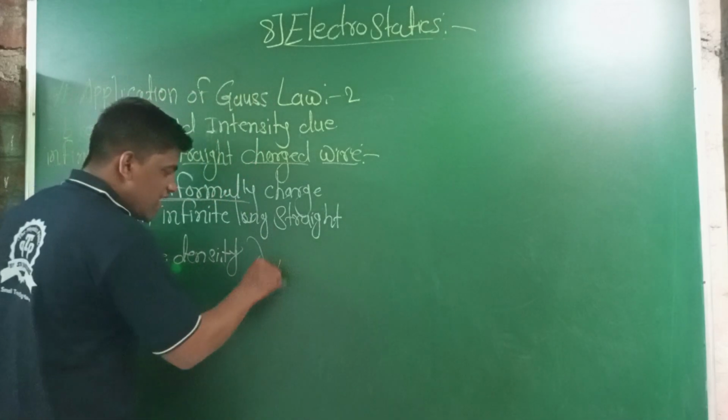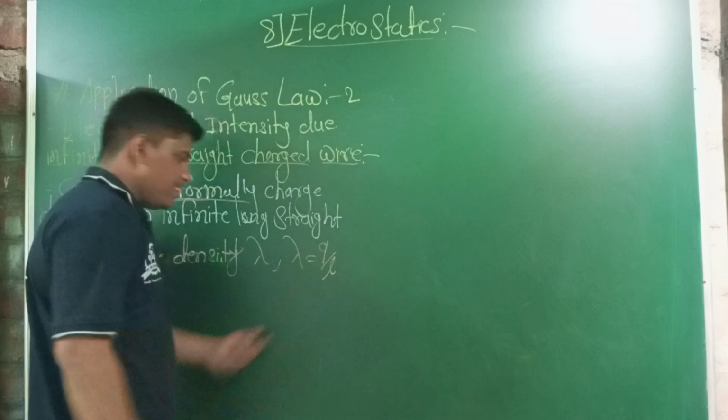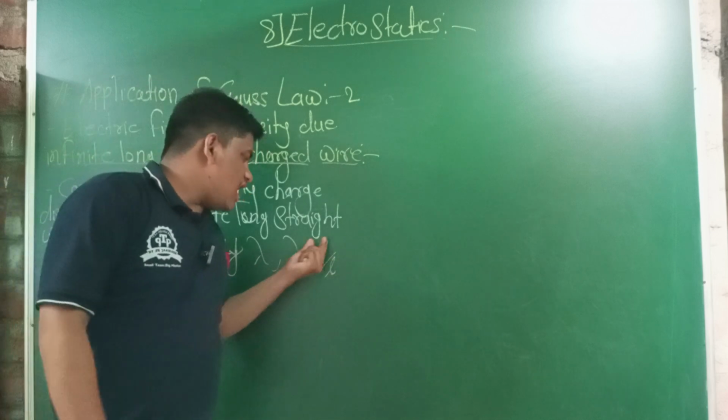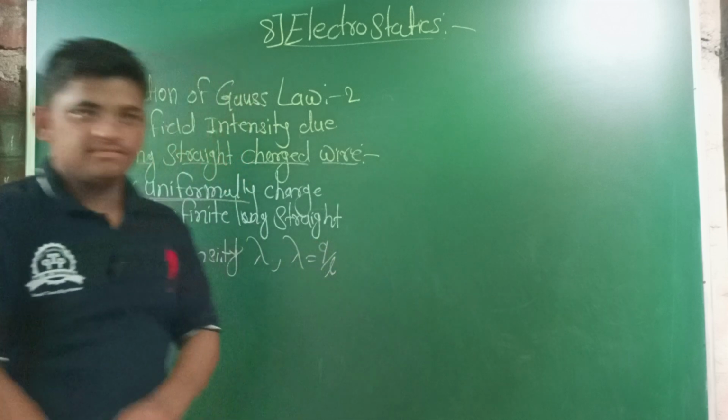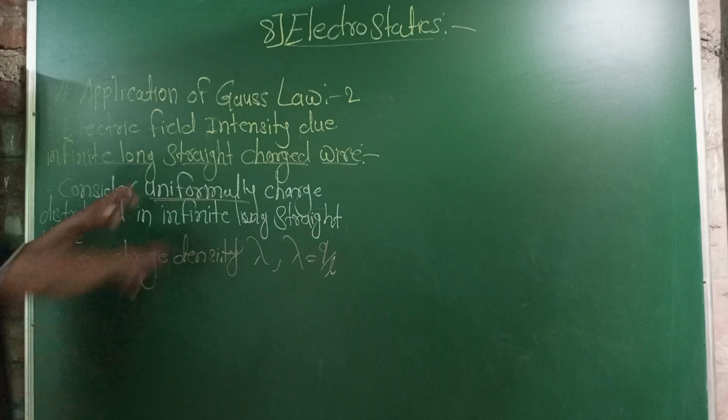Lambda is the charge density, meaning the charge distributed along the length: charge upon length. This is the linear charge density.